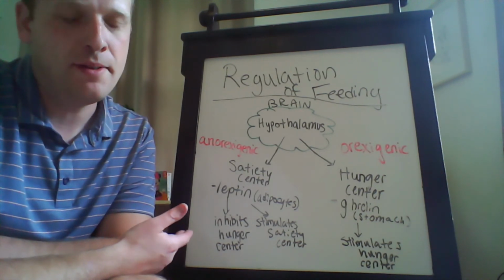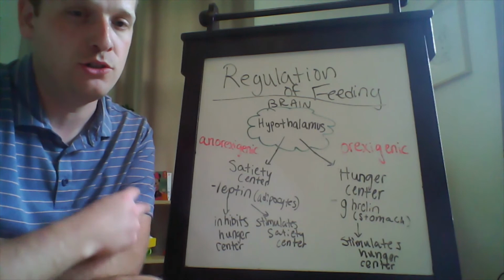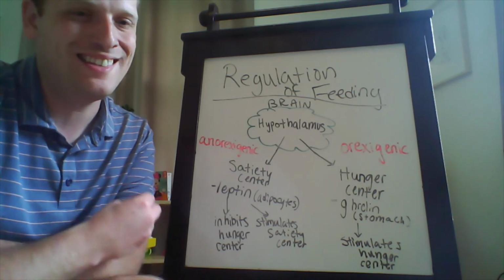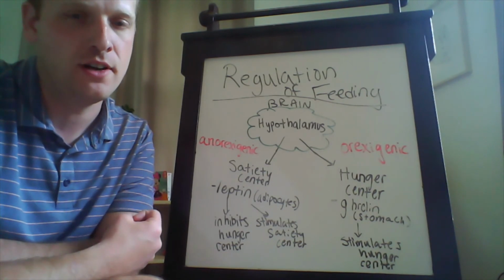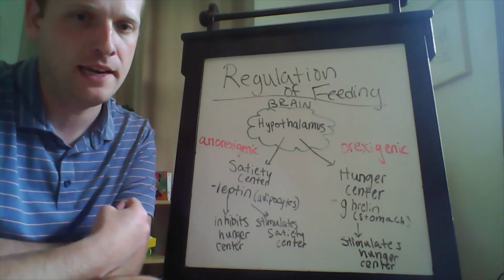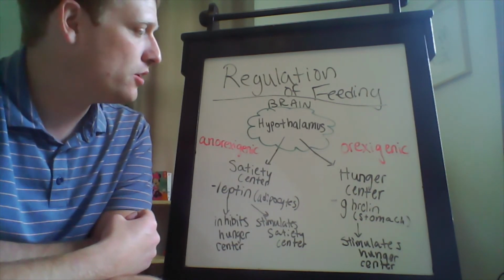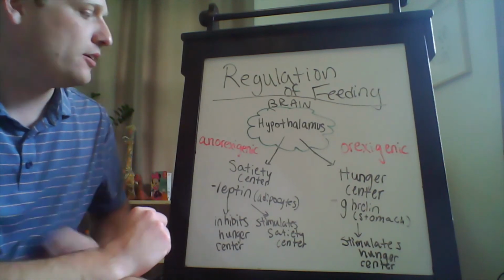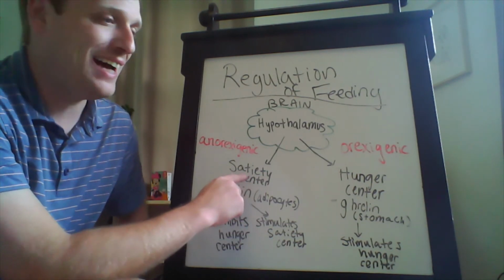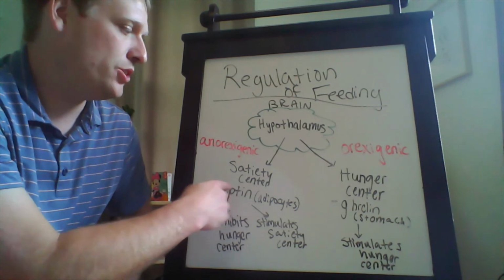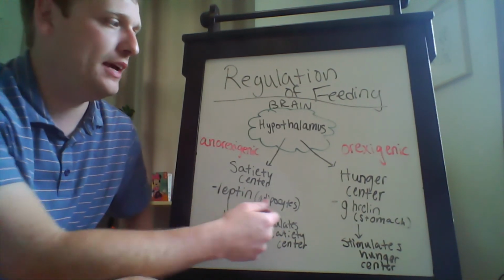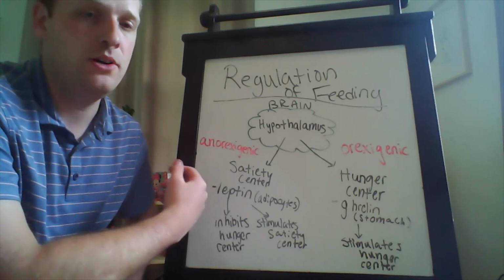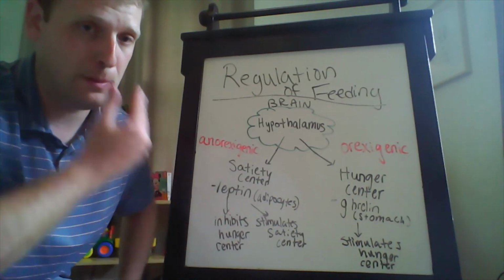So within the hypothalamus, there are two what we call nuclei, which are the centers of your hypothalamus, clusters of neurons that are functionally related to one another. So there are two nuclei. There is the satiety center, which is going to control a feeling of fullness, and you have the hunger center, which is going to make you feel hungry.